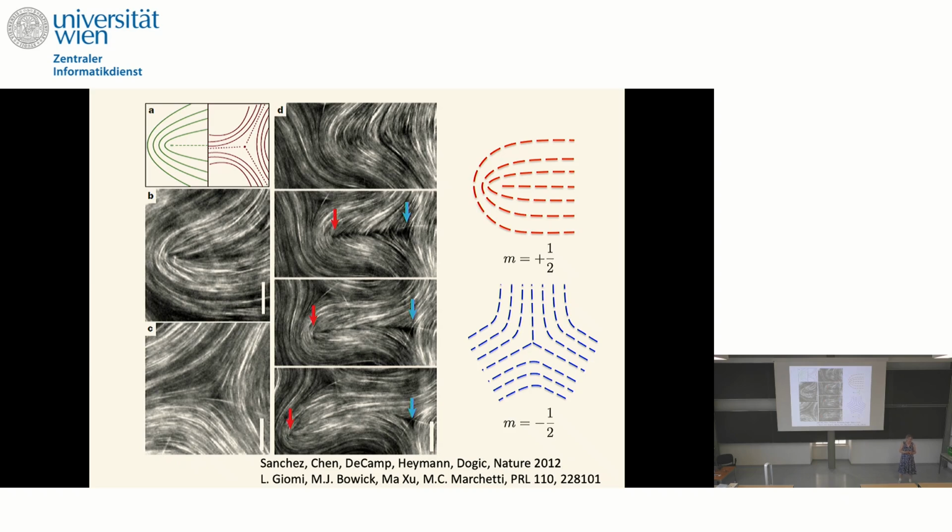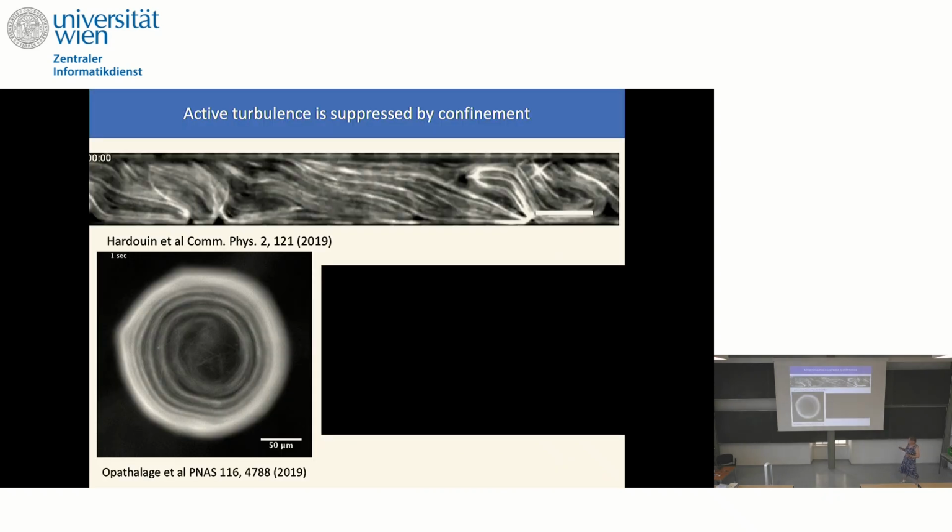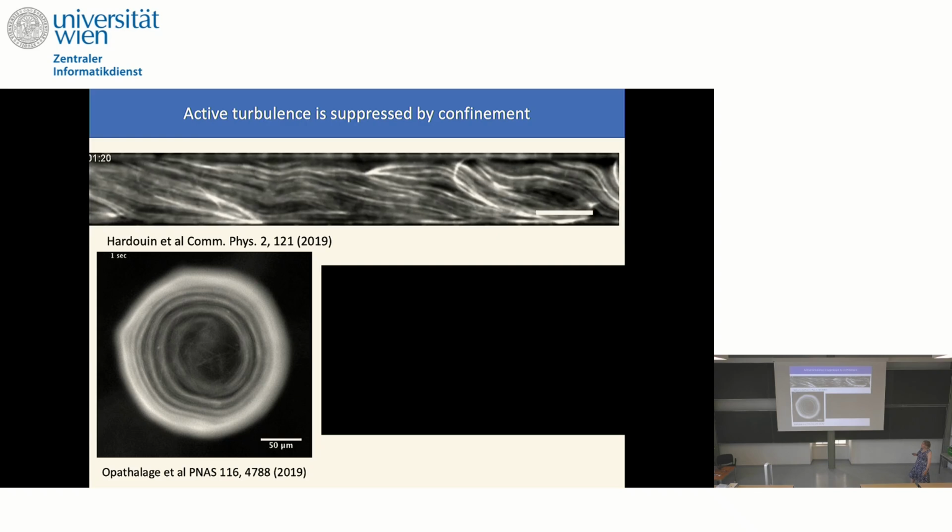So what you can get instead is much more regular flows. For example, this is what happens if you put the microtubule motor system in a long, thin channel. You obviously can't just get flow along the channel because of what happens at the ends. What you actually get is a shear flow, shearing like this, and then turning itself round at the ends and moving back. And here you can see a regular shear flow being set up.